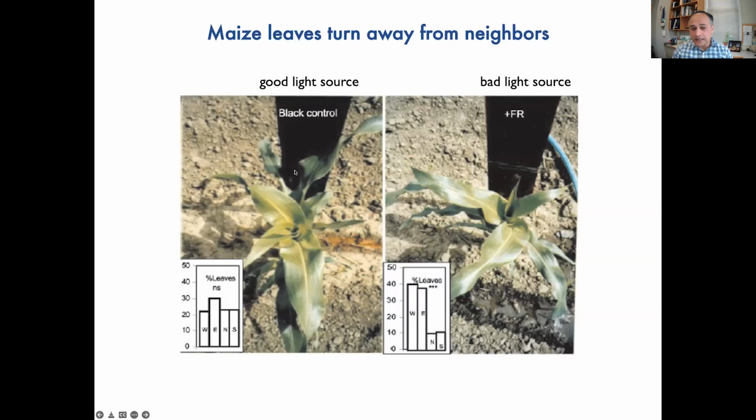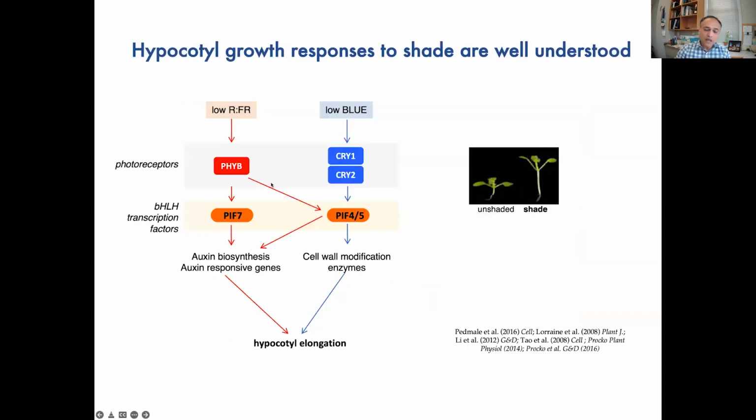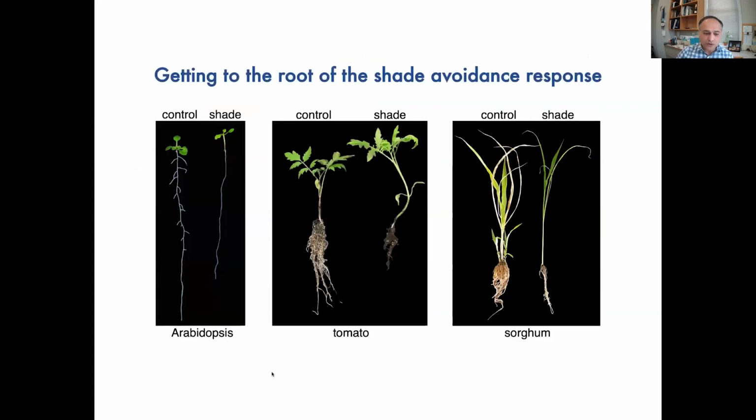It does not make any leaves here, compared to the control, where you get this normal distribution of phyllotaxy of the leaves. Now, what my lab is trying to understand is how does a shaded shoot, the above ground shoot that can sense changes in light environment, in this case shade, whether it's getting shaded or not, how does it tell the root to grow or not to grow, okay?